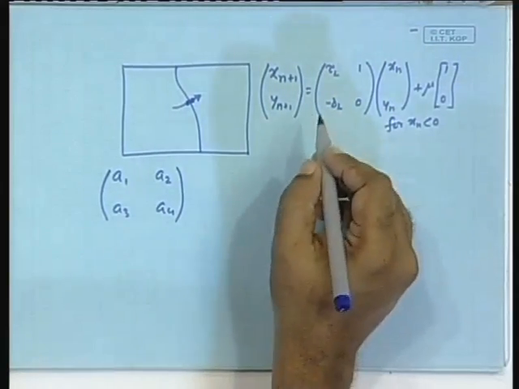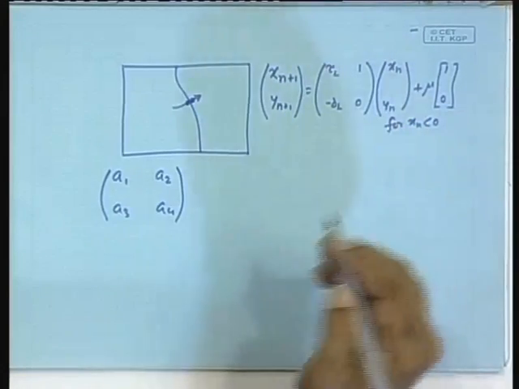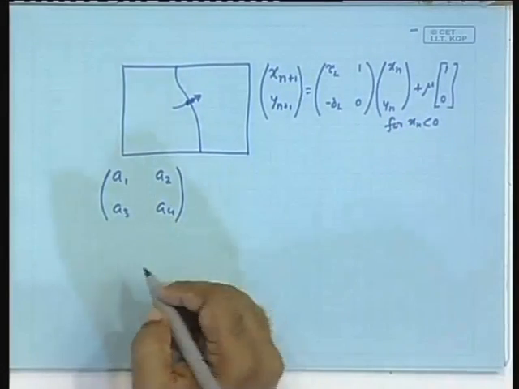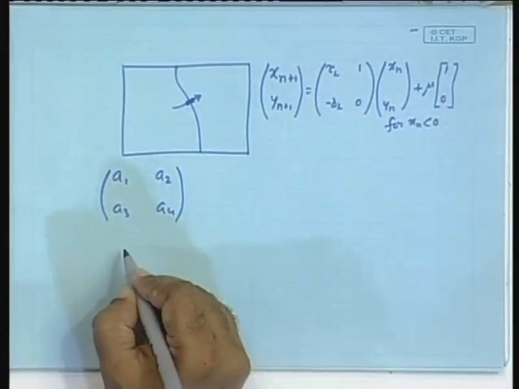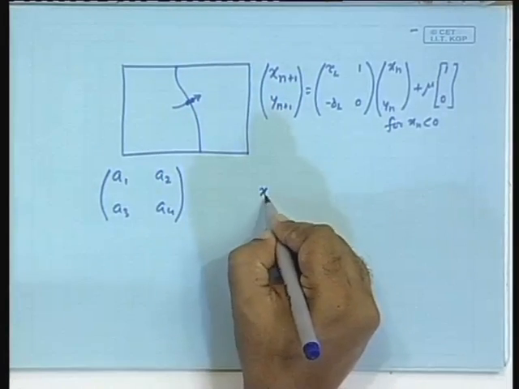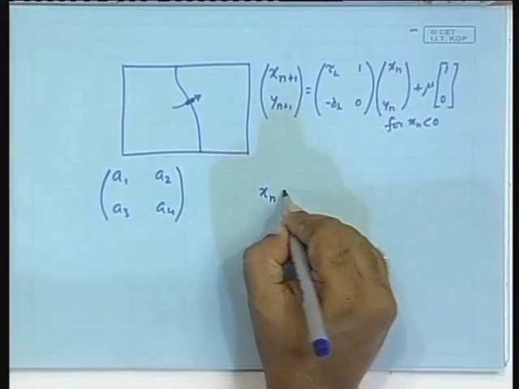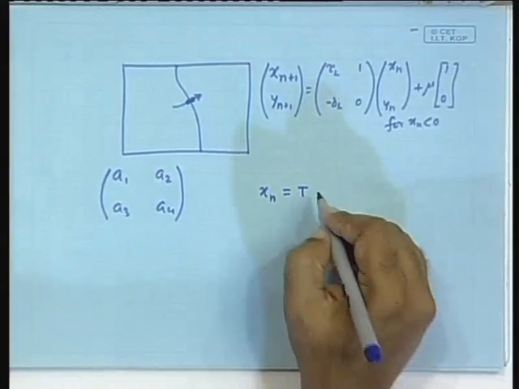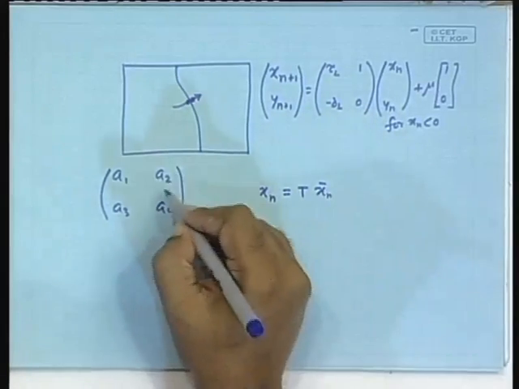If you transform the state vector x n, y n, say initially it was x bar and then you want to transform it to x, so x n can be some matrix T times x n bar, where x n bar were the original ones.